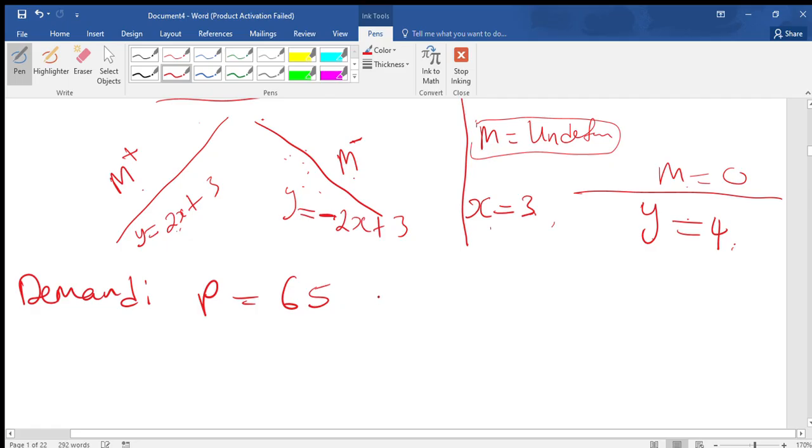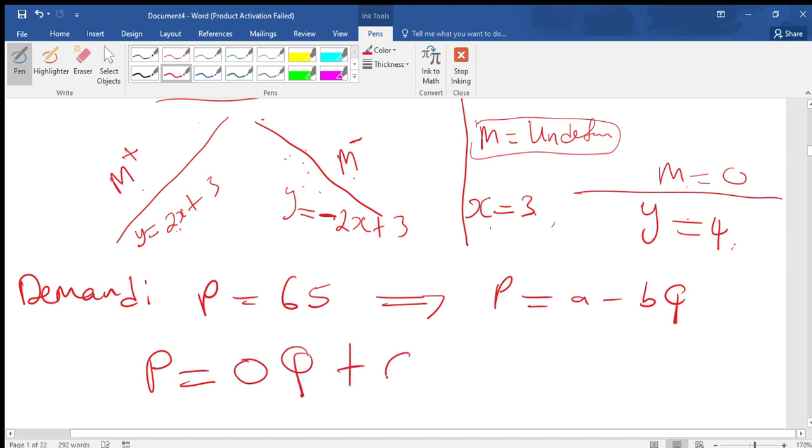So we want to relate this to P equals A minus BQ, because this is the standard form which we know. But if this is my demand function, comparing to this, what are we seeing? It means that this can still be written, including the Q, as 0Q plus 65. As simple as that.